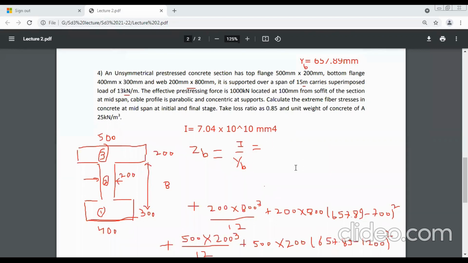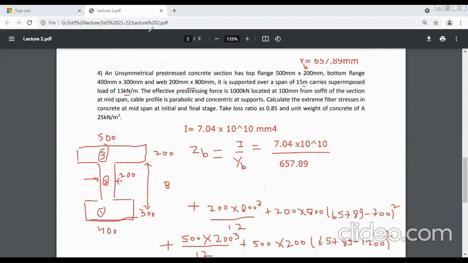So this one it is 7.04 into 10 raised to 10 divided by y bar, from the bottom side, 657.89, will get ZB.